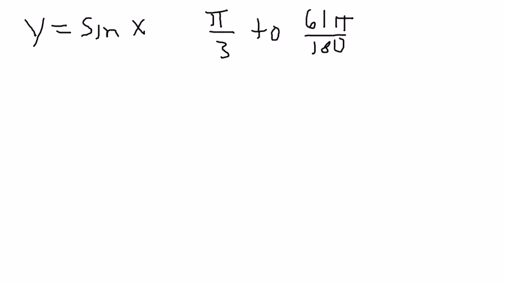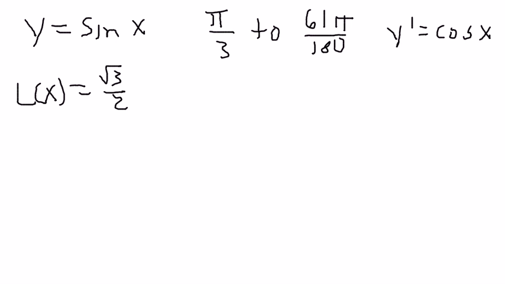First of all, y prime is cosine of x. The linear approximation would be my original equation, sine of x at pi over 3, which is square root of 3 over 2, plus the derivative at pi over 3, cosine of pi over 3 is 1/2, times x minus pi over 3.